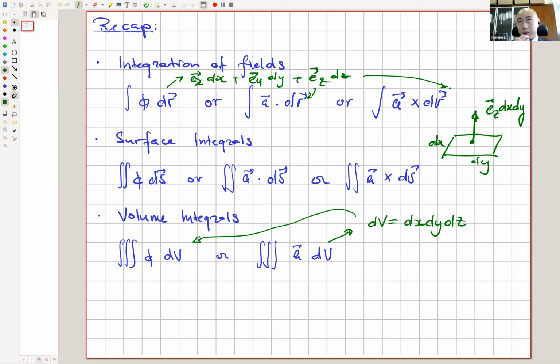We wanted to put them in an integral form. For example, the gradient can be written as an integral as well. This is something that we looked at last time too.